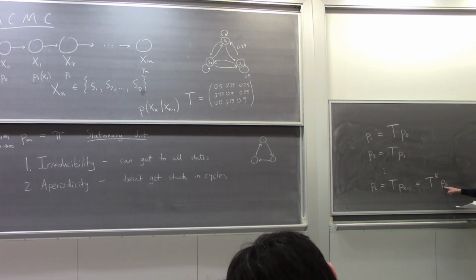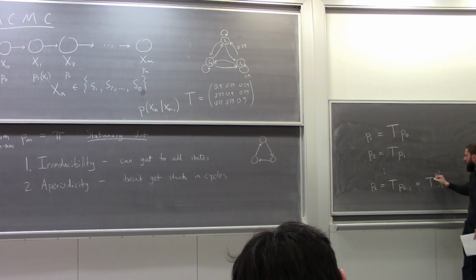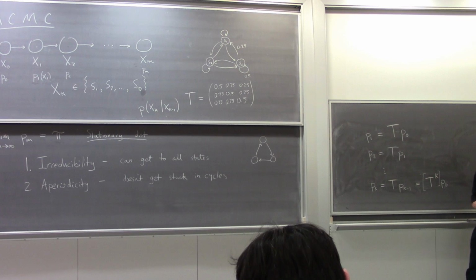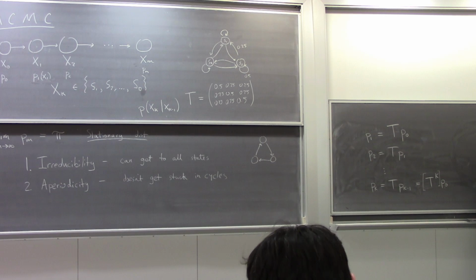So starting with my initial P0, for which I have to specify some initial probability distribution for the very first, 0th random variable, I can get anywhere on the chain I want if I can compute this power of the matrix. I can jump straight ahead to the probability distribution at the kth step.